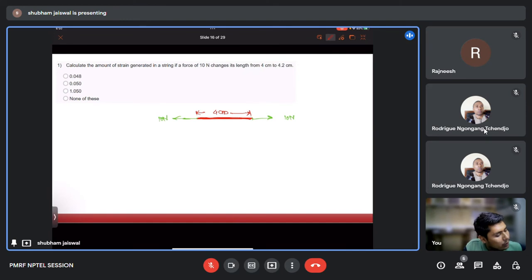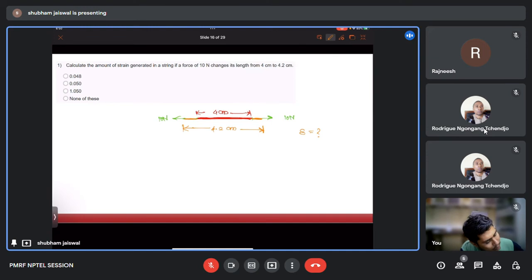After applying a load of 10 Newton, the length of the string changes from 4 centimeter to 4.2 centimeter. So this much length has increased. They are asking us to calculate the strain.